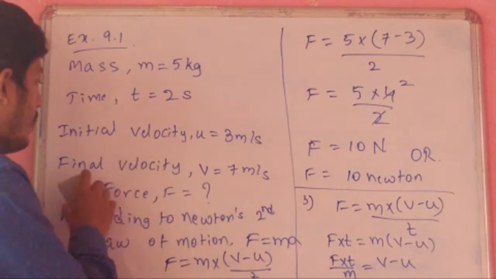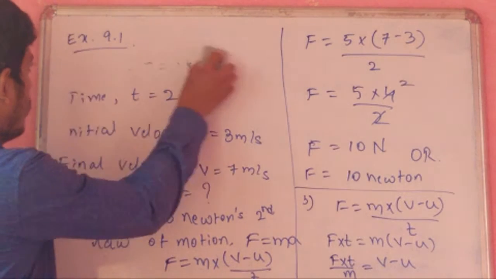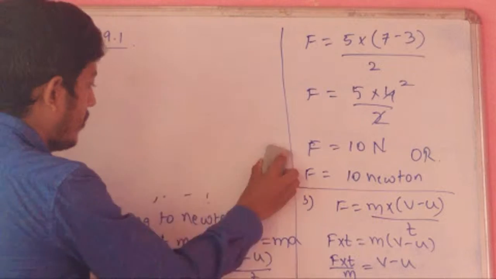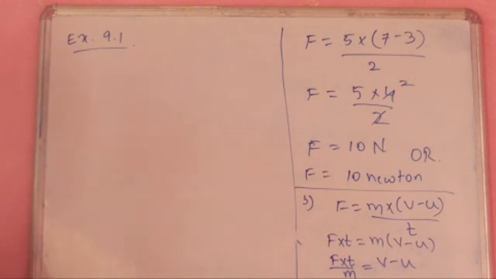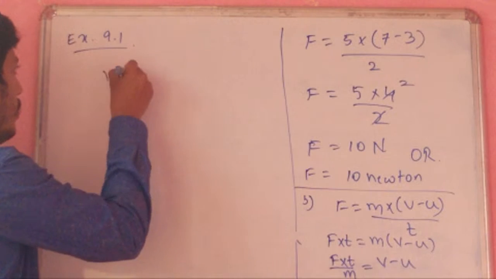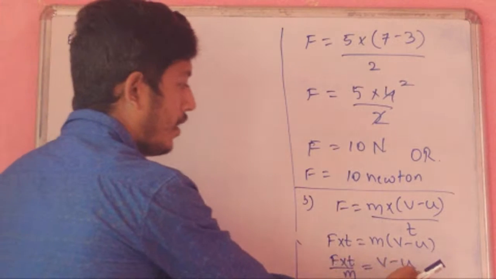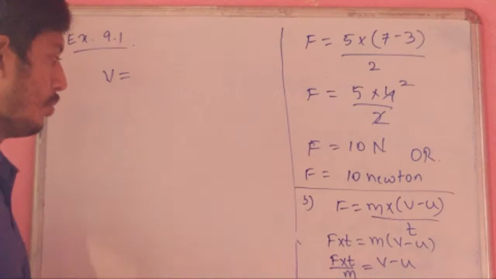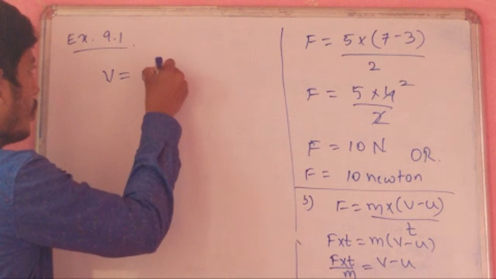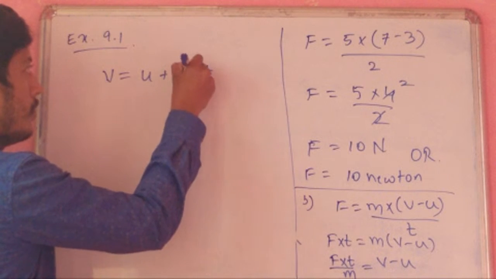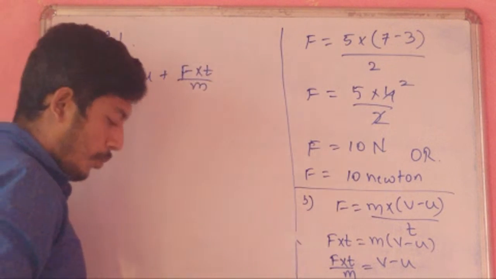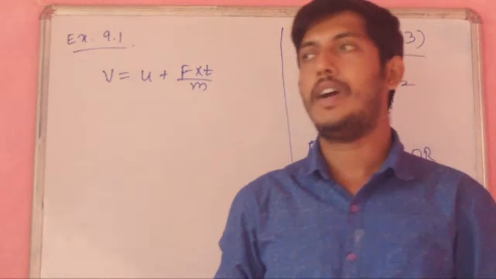The next step: v equals, when minus u goes to the other side, it becomes plus u. So it becomes u plus F into t divided by m.